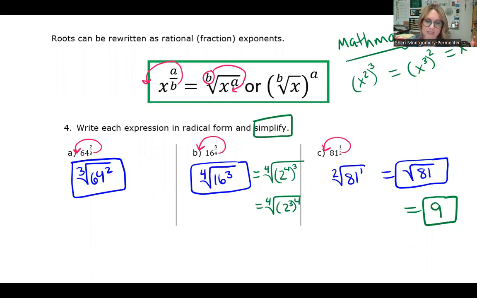And if I do that, that to the fourth power will cancel. What is 2 to the third power? 8.